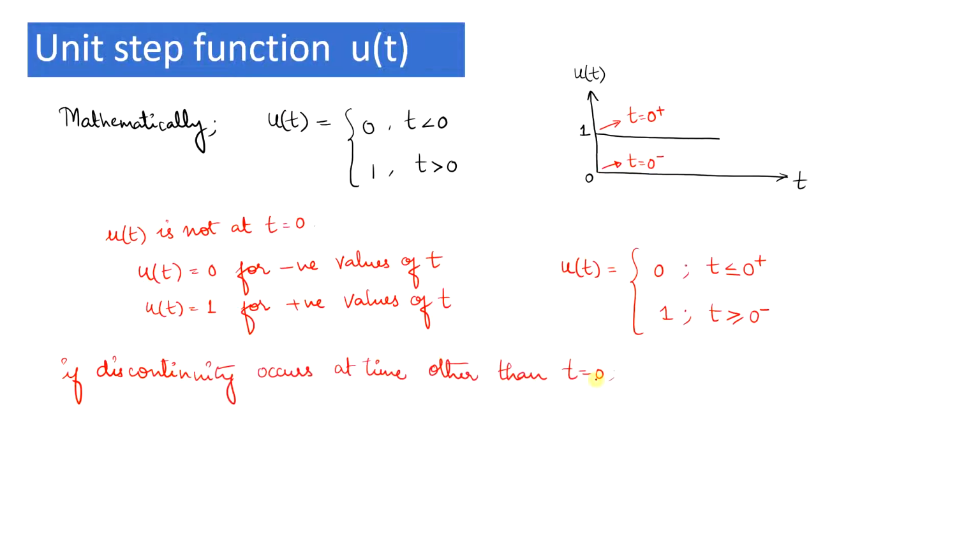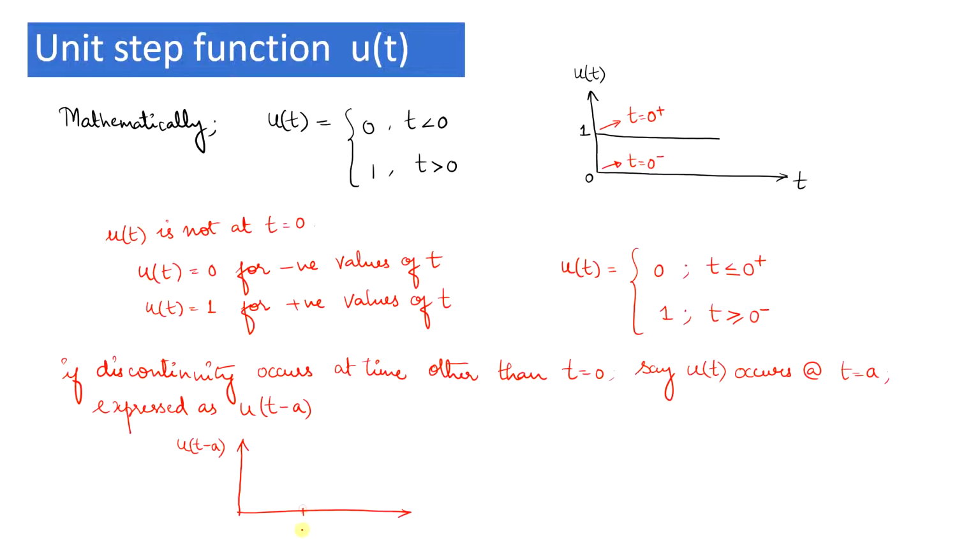Then we can say that the signal u of t occurs at t equal to a. Then we can express this as u of t minus a. Let us try to represent this signal. So I can represent this as u of t minus a, and the signal occurs at the instant a.